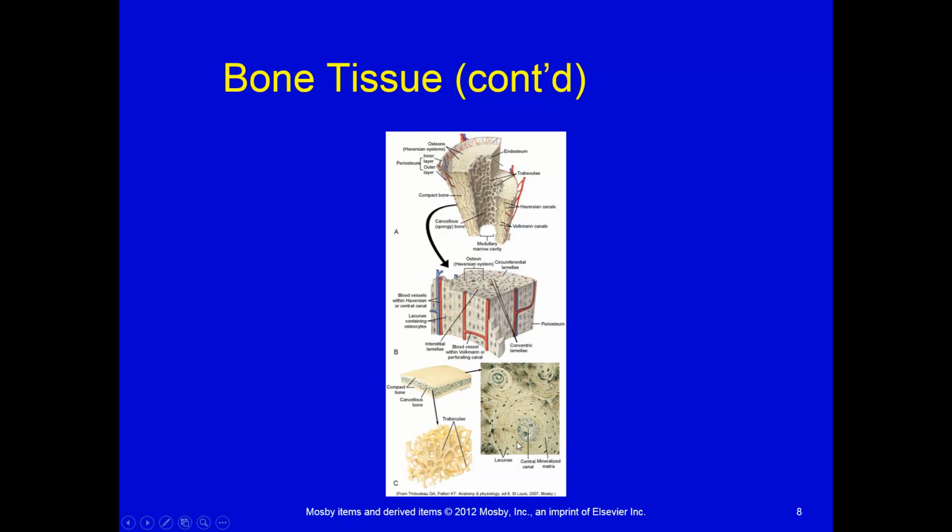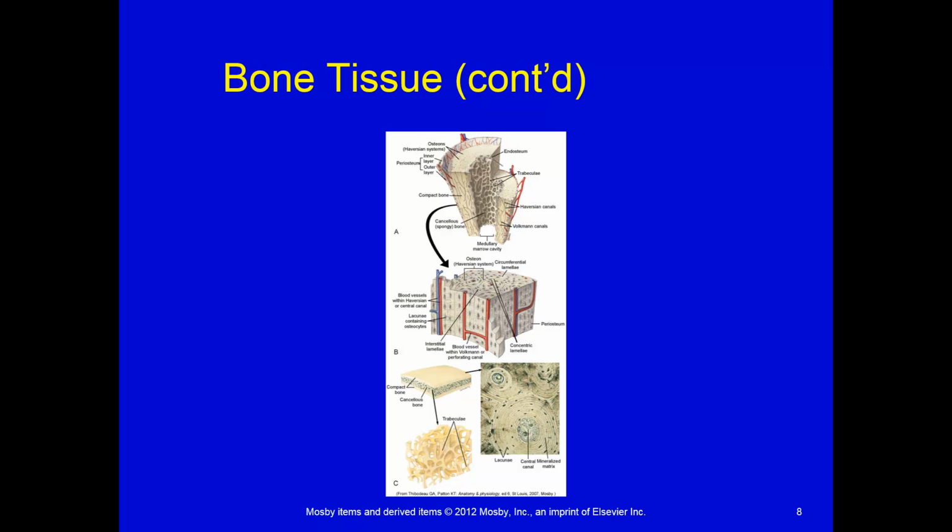It literally has rings. In the middle of the ring is this central canal, or Haversian canal, right? And as you move out from that central canal, you see something called the lamellae. The lamellae are the concentric circles. If you want to think about it, it is truly comparable to the rings of the tree. So the lamellae are the rings of the tree.